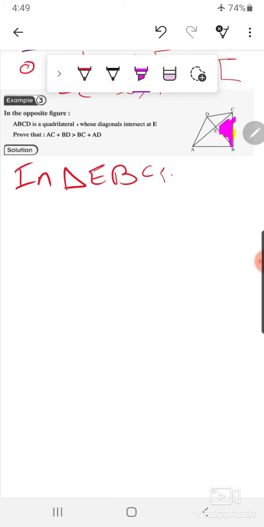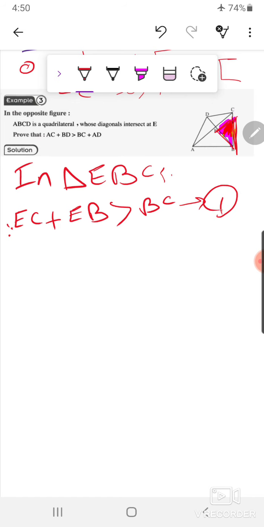Did you see this triangle? In this triangle, the sum of any two sides is greater than the third side, as I said in the triangle inequality. Here you have EC plus EB greater than what? The third side, which is BC. And this is number 1.